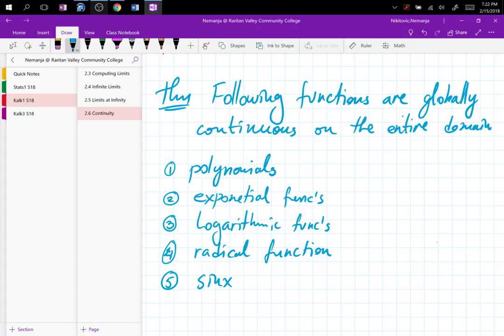Sine x and cosine x. Tangent has vertical asymptotes at pi over 2, 3 pi over 2, right? Infinitely many vertical asymptotes, therefore infinitely many discontinuities. So polynomials, exponential, logarithmic, radical, sine x and cosine x, that's just 2 out of 6, are continuous everywhere.